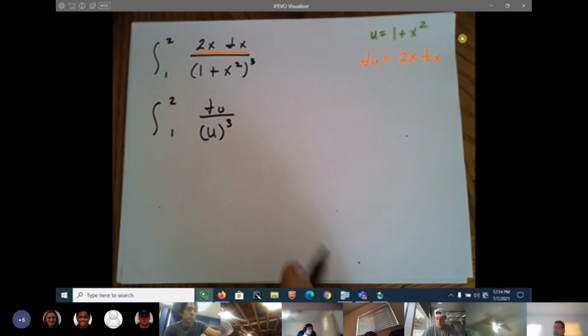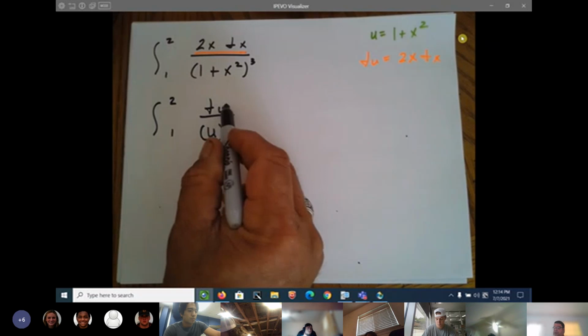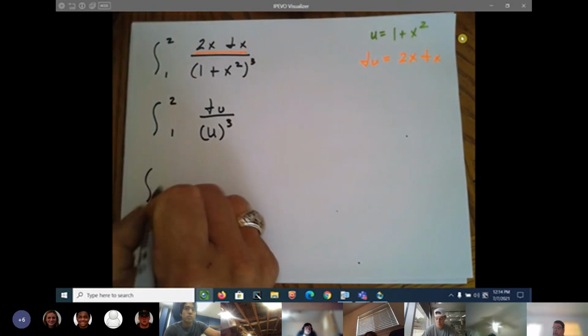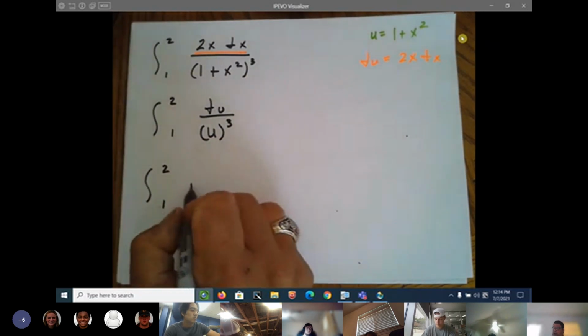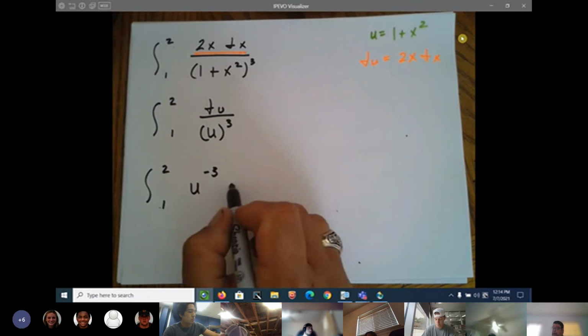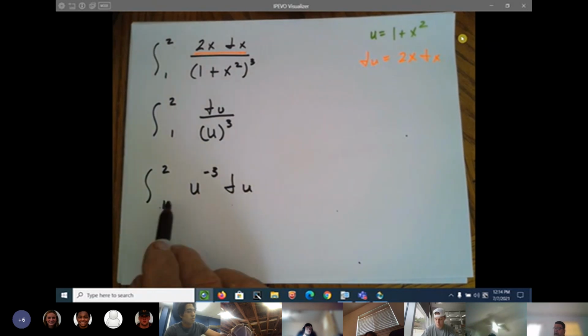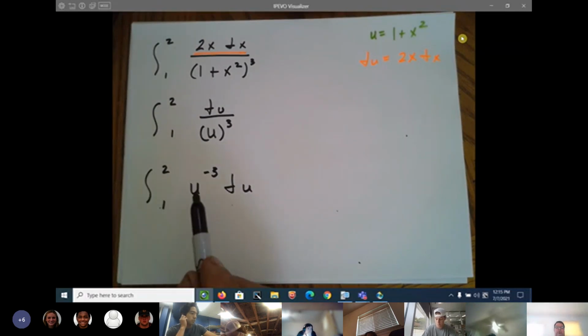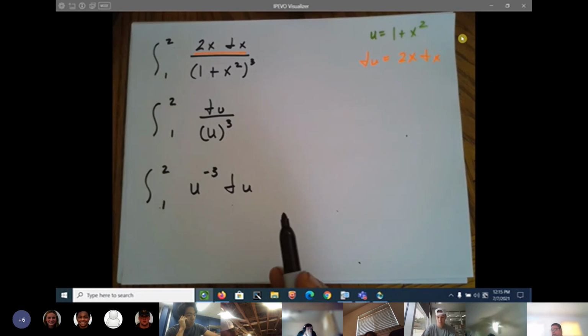So we can take that u to the third power upstairs, and we get from 2 to 1 of u to the negative 3 du. And this is the form of the power rule, just with u instead of x. Now, there's two ways.